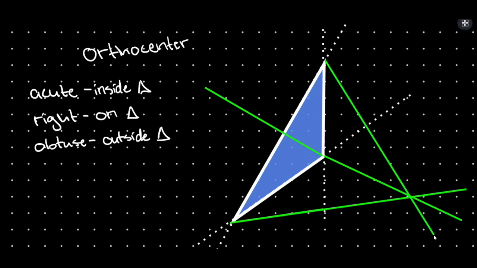And we can see that our right angle is about here. And so this intersection is going to be the orthocenter for our obtuse triangle. Look at that. It's way out here, but that is our orthocenter. Let's continue forward for our last one.